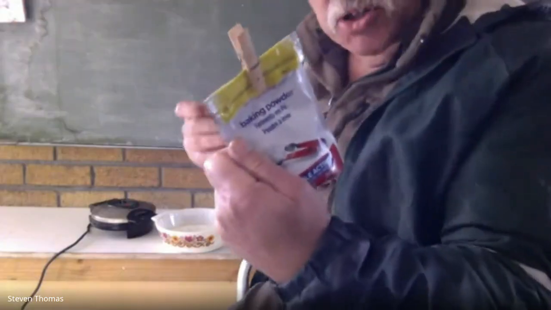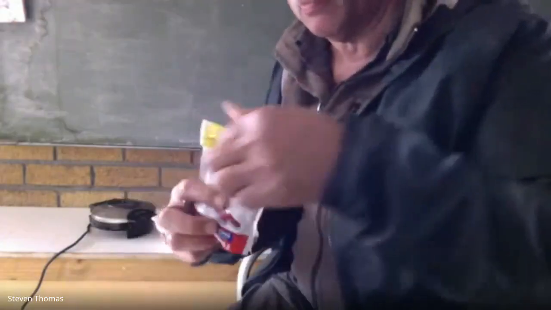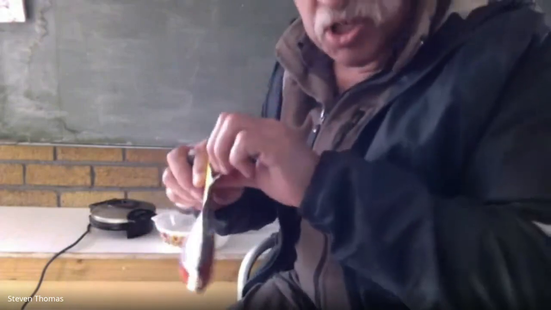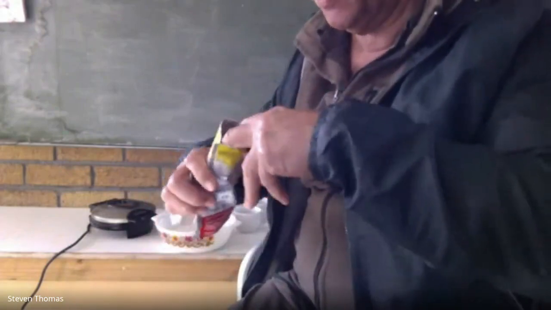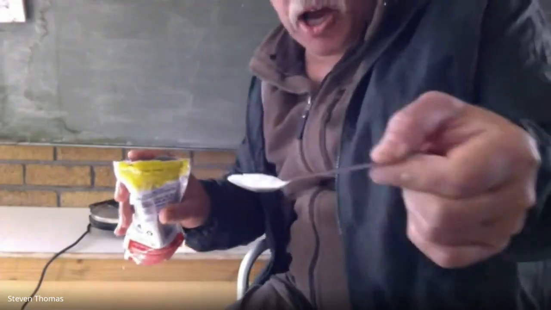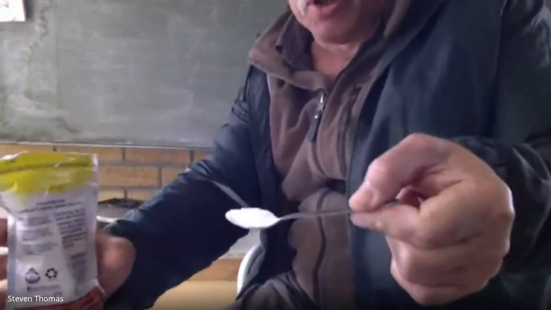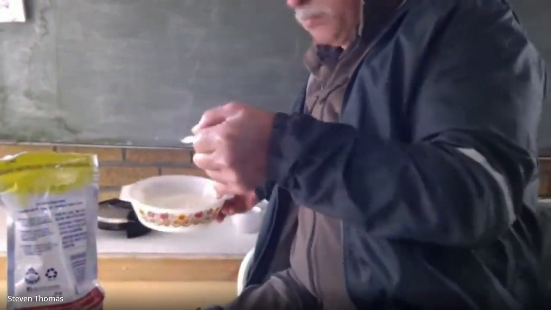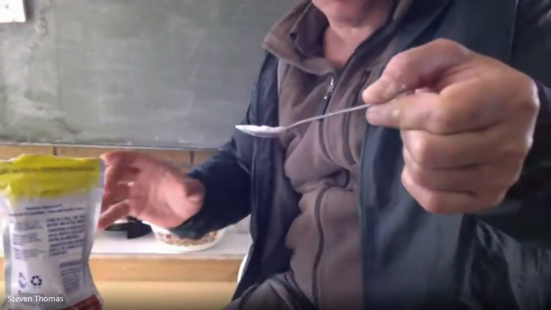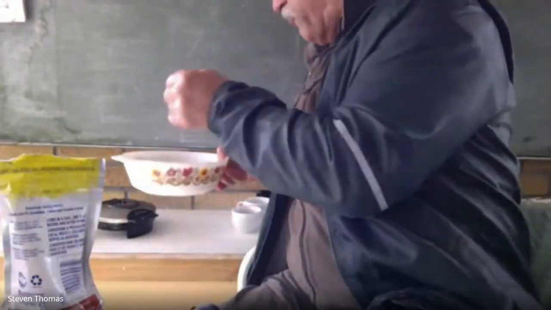Okay, here we've got some baking powder. 2 teaspoons of baking powder. Do you see how your teaspoon's got to be very level? Okay, so two teaspoons of baking powder.